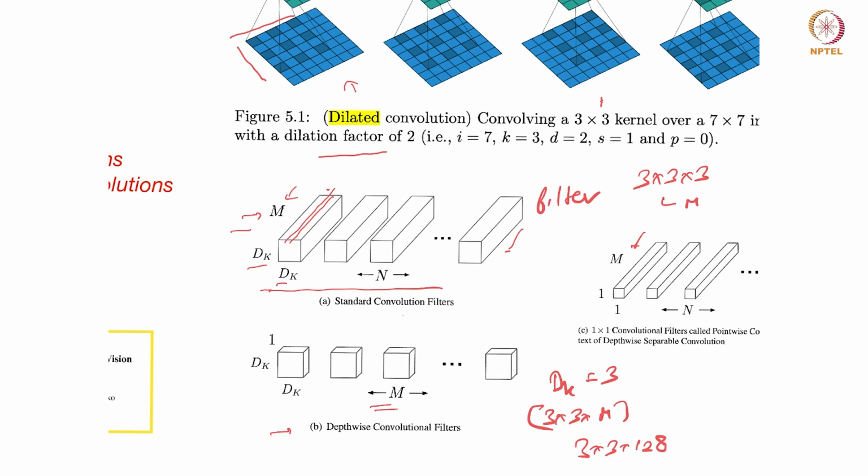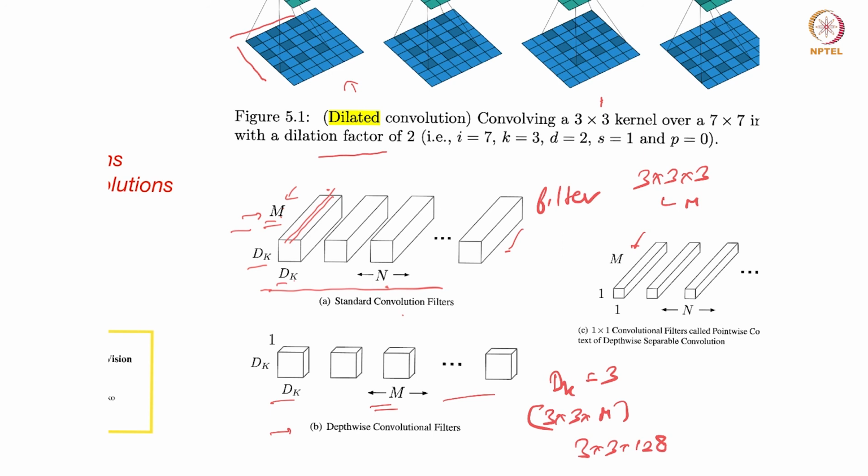In the standard convolution, if you want n feature maps as output, you define n filter kernels, each of size dk cross dk cross m. In the depth-wise formulation, since there are m feature maps in your input, you define m filter kernels, but of the standard size 3 cross 3, let's say dk is 3.